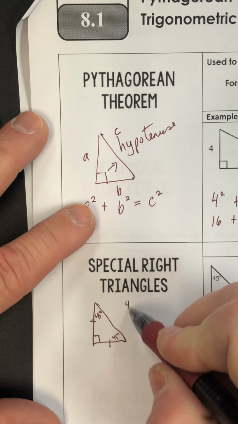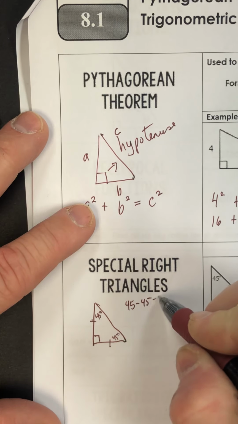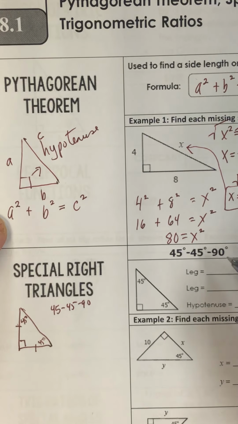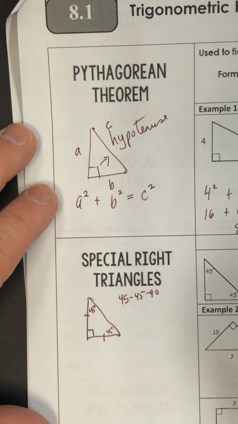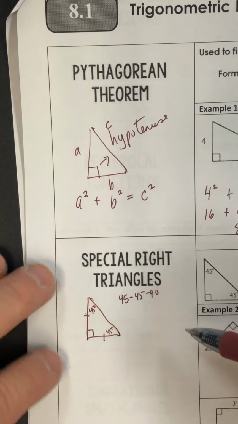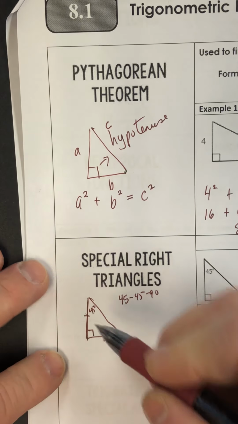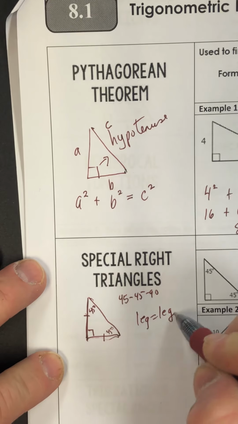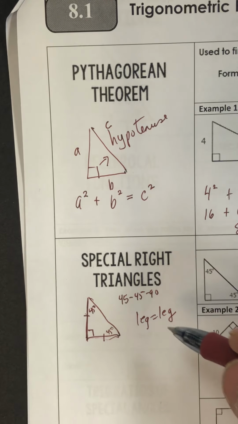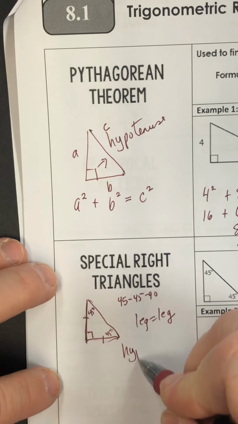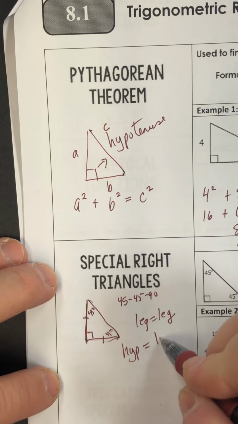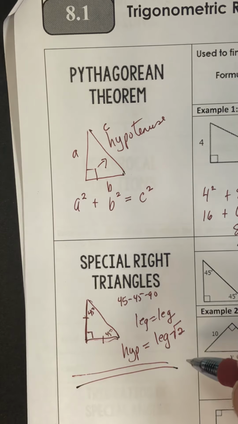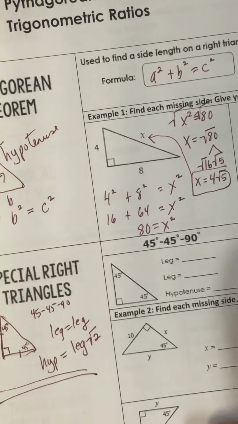So this is called a 45, 45, 90 right triangle, where this leg and this leg are the same. So the legs equal each other, and the hypotenuse is a leg times the square root of 2. And that's how you find those.